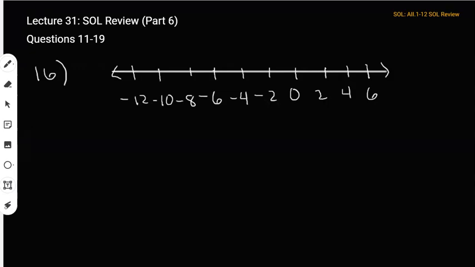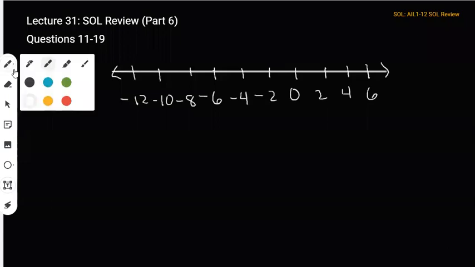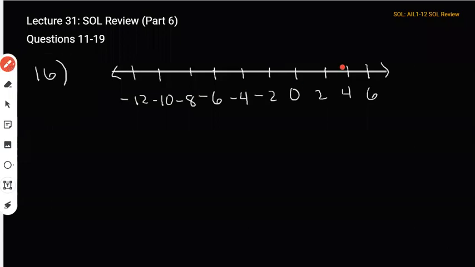So this is the number line that they give us, and it looks like they're putting open circles on 4 and -11. So let me change my color to red. We're going to put an open circle around 4 and -11, which is going to be between these two numbers. And we're going to shade in the middle.